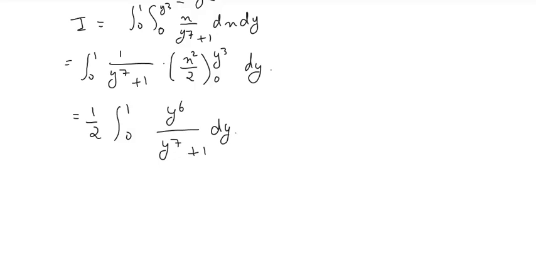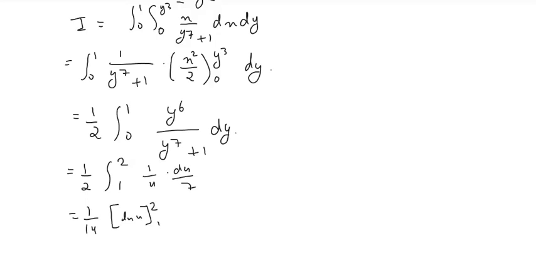Now 1 upon 2 integration 1 to 2 1 upon u into du upon 7, which is equals to, after taking the constant one side, we will get 1 upon 14 ln u from 1 to 2.